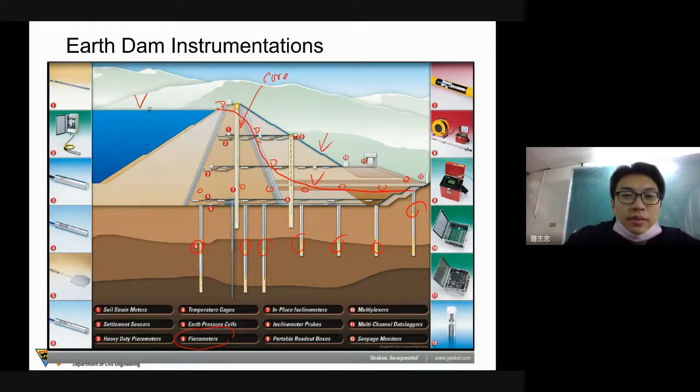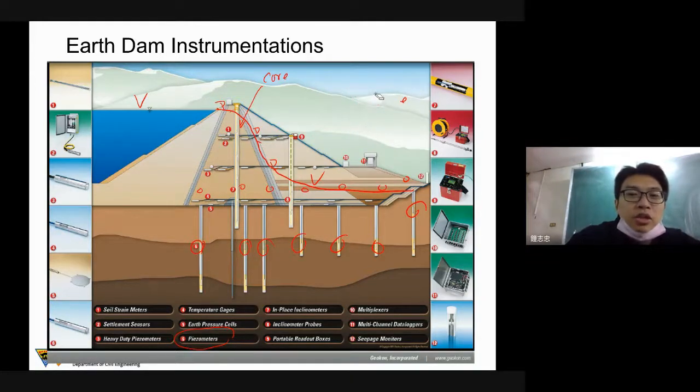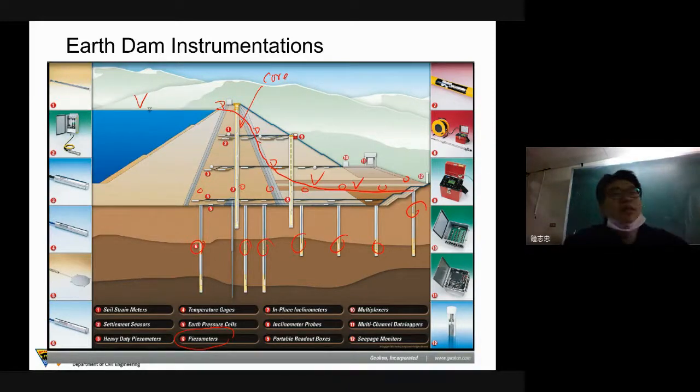Okay, so if the water level is too high, then we may have some seepage here. This is not so good. It is not so good for the safety of the earth dam. So we try to monitor the water level to make sure that the water path is at the right elevation.